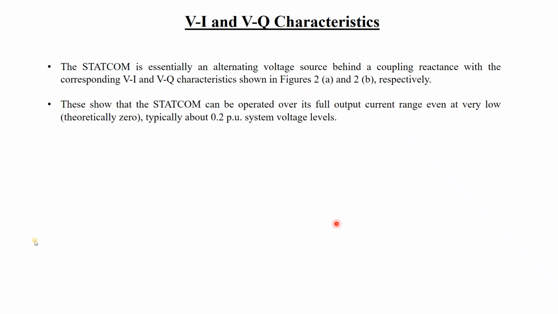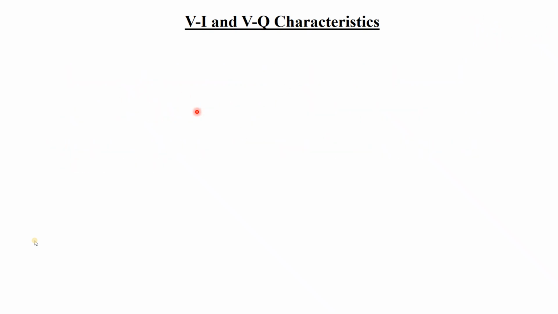So even though the system voltage is very low, at 0.2 per unit, it can still be operated. 0.2 per unit means if the system voltage is considered to be 1 per unit, suppose 132 kV, or suppose 33 kV is 1 per unit, then 0.2 per unit is 0.2 multiplied by 33 kV. So it can operate at that low voltage also.